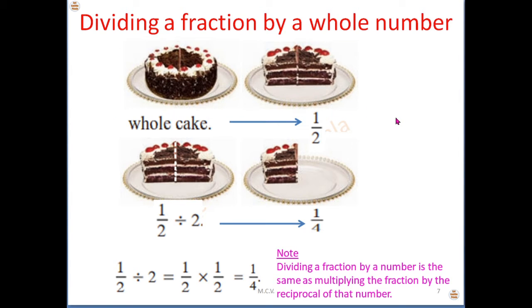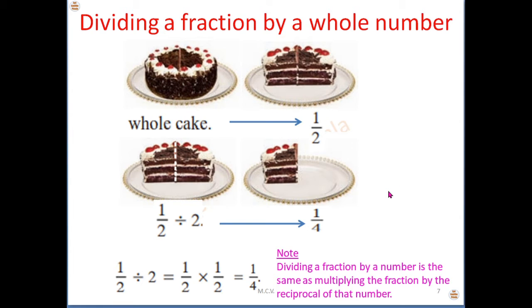After that, half is divided into 2 equal parts. Half can be divided into 2 parts this way. Then you will get a quarter of the cake, 1 over 4. Half divided by 2 is 1 over 4.